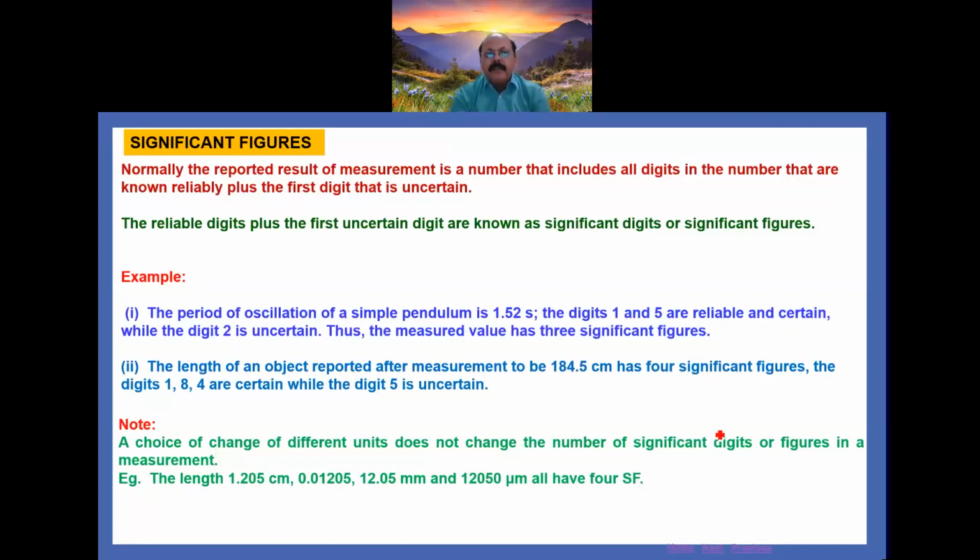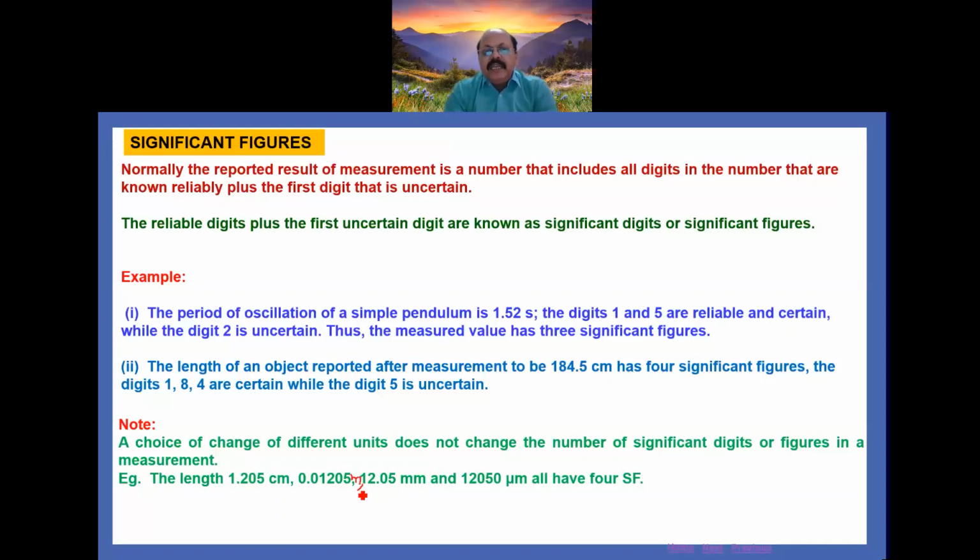For example, we can write 1.205 centimeter, or we can write 0.01205 meter, or we can write 12.05 millimeter, or we write 12050 micrometer.